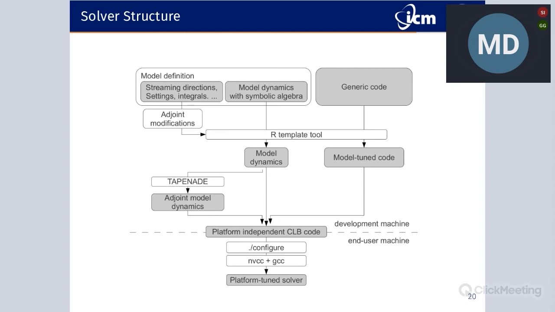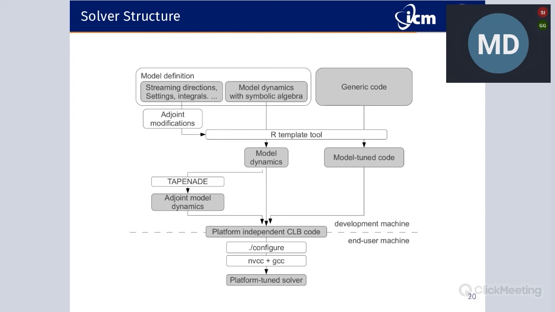All that data plus some generic code that works for every model is combined using the template tool to obtain the model-tuned code, which can then be compiled using NVCC.